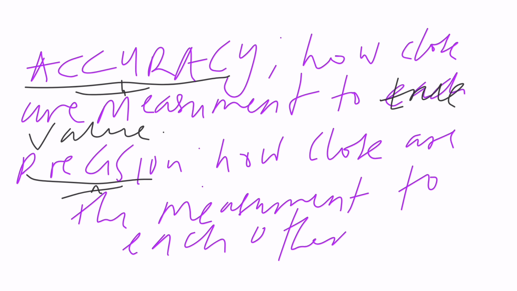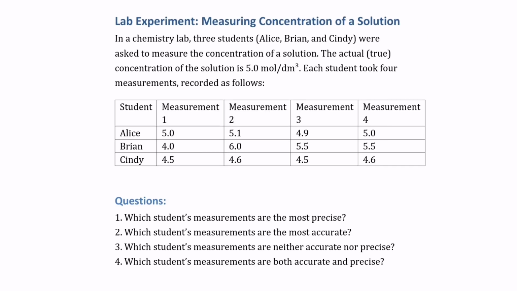Let's go to the question we have prepared for today's lesson. When you look at this, it is an experiment. In a chemistry lab, three students, Alice, Brian, and Cindy, were asked to measure the concentration of a solution. The actual concentration, the true value, is 5.0 mole per decimeter cubed.